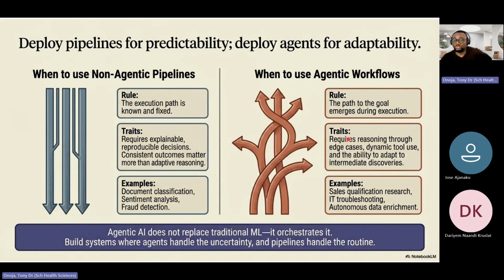Now, the trait: it requires reasoning through edge cases, dynamic tool use, and the ability to adapt to intermediate discovery. That's where adaptability becomes very crucial, and this is where uncertainty is very high. The good news is that this is how the real world operates, a world where uncertainty is very high.